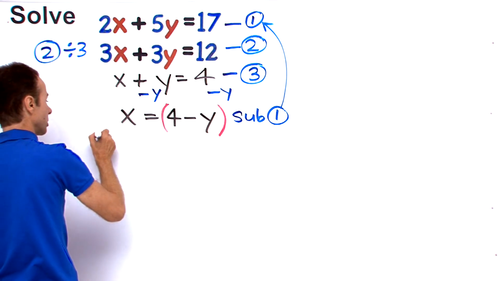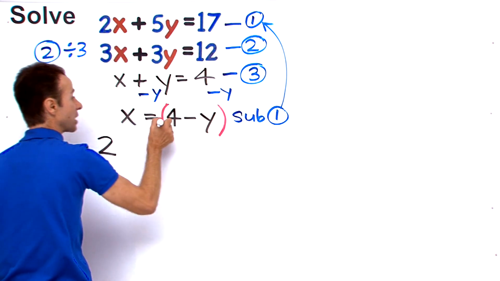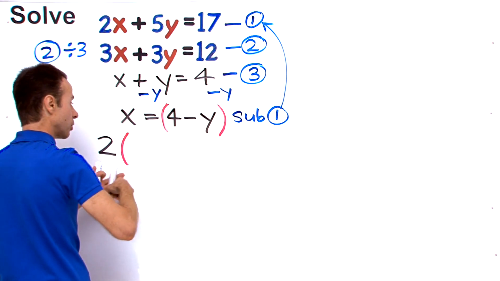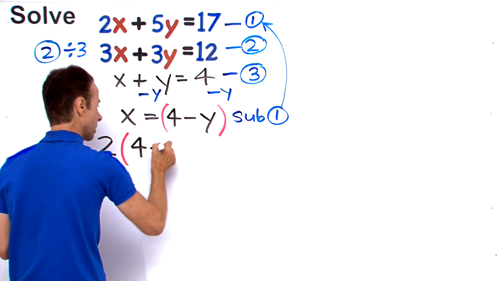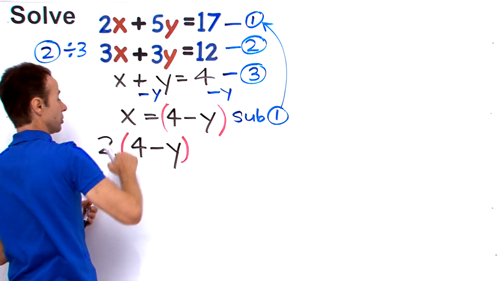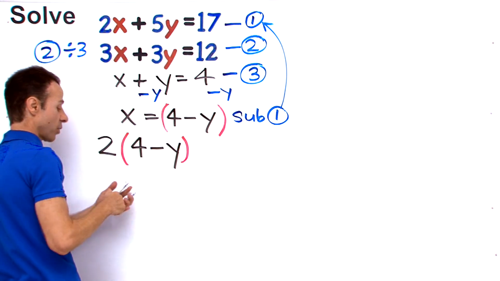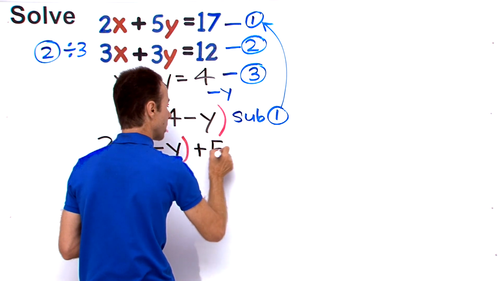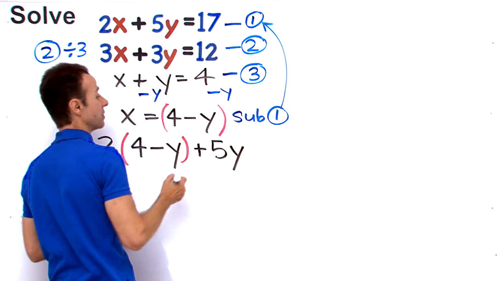We've got 2, and the x is replaced by 4 minus y, close bracket, 2 times the x plus 5y, just copy it down, 5y equals 17.